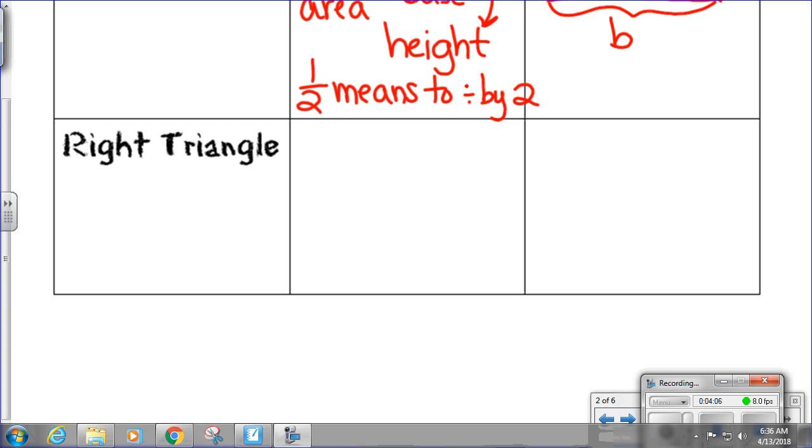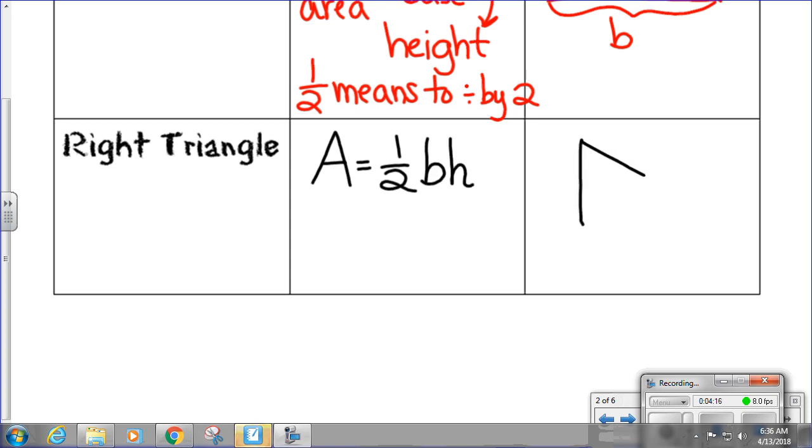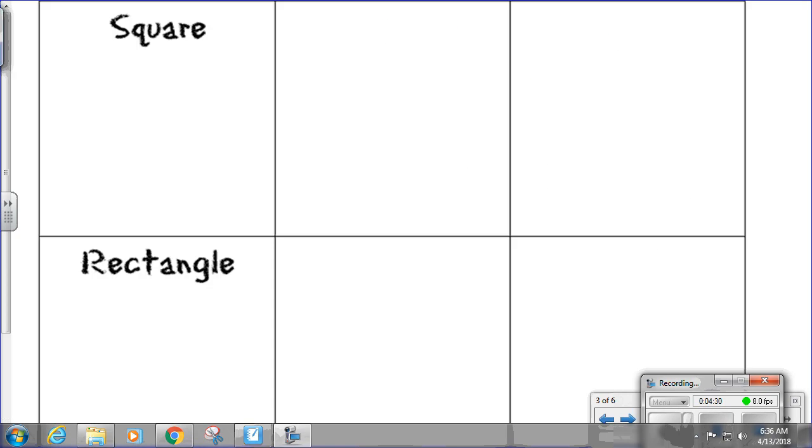Next, we have a very specific triangle, a right triangle. Same formula, area equals 1/2 base times height. Picture just looks different. We have our height forming a perpendicular line to the base, and we have our base. Next shape is a square.